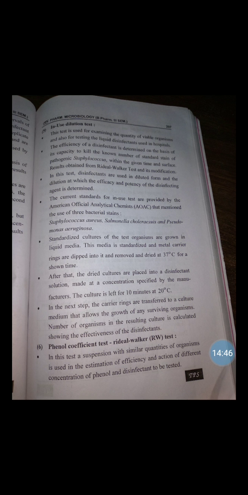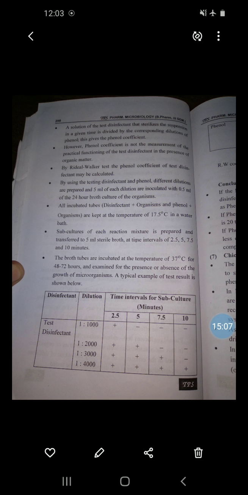Next, that is the phenol coefficient test, the Rideal-Walker test. In this test, a suspension with a similar quantity of organism is used in the estimation of the efficiency and the action of different concentrations of phenol and the disinfectant to be tested.